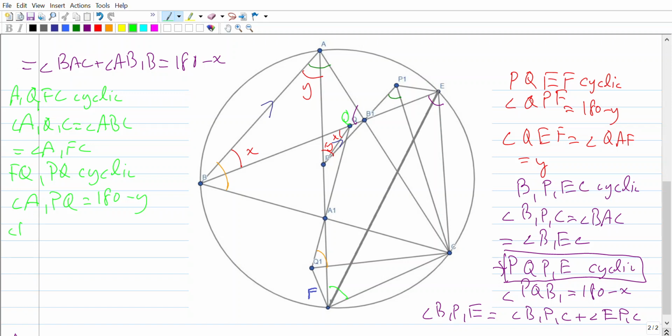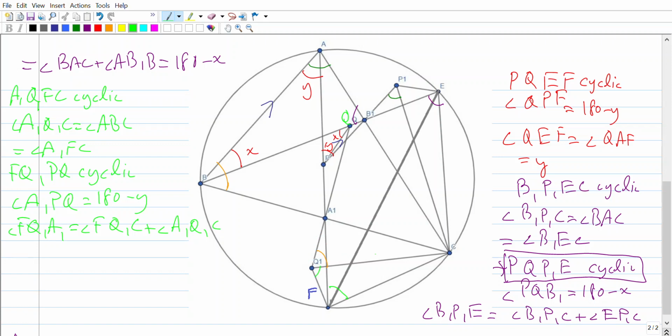So FQ1A1 equals angle FQ1C plus angle A1Q1C. We divide it into this orange angle and this angle over here.